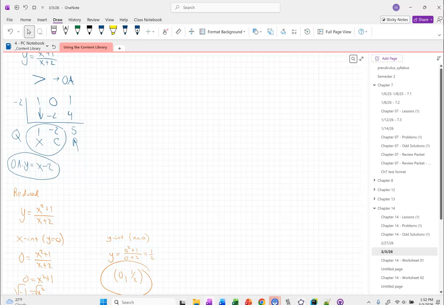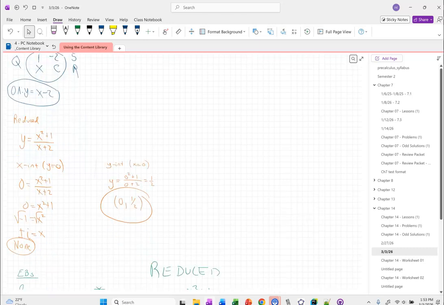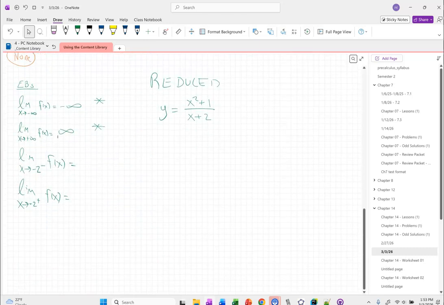If I have another asymptote, my end behaviors, my positive and negative infinity ones, are either going to go to positive infinity or negative infinity. I can tell just by the end behavior of this positive slope. So when it goes to positive infinity, we go to positive infinity, negative infinity, negative infinity. Everybody's okay? If this was a horizontal asymptote, like y equals 5, these are just going to both be 5.